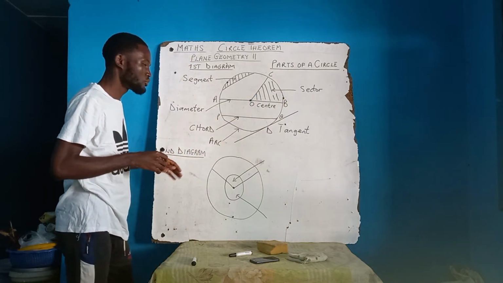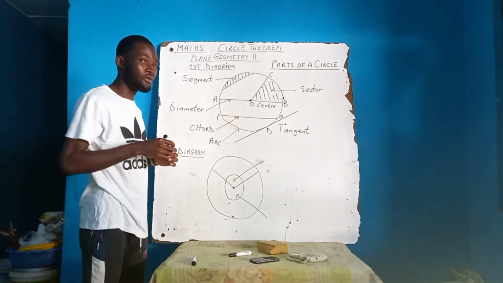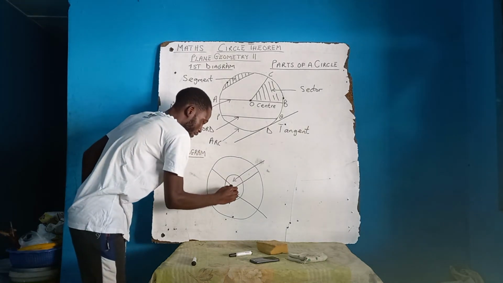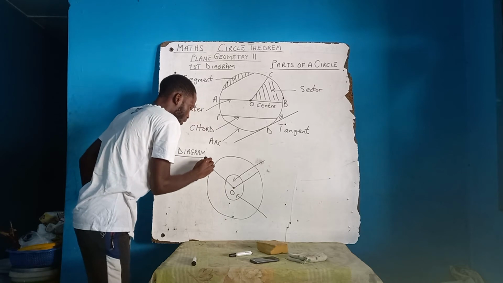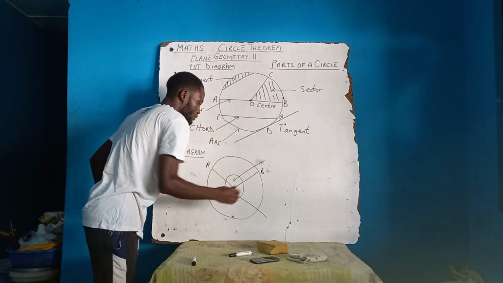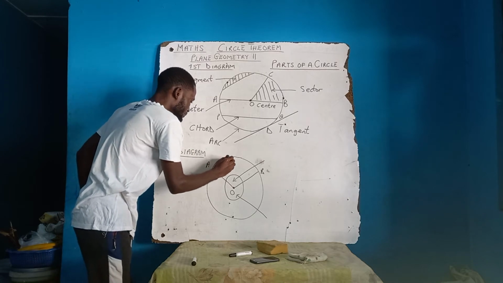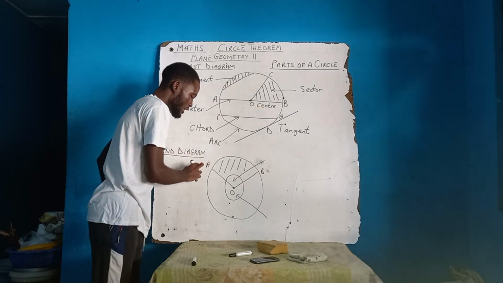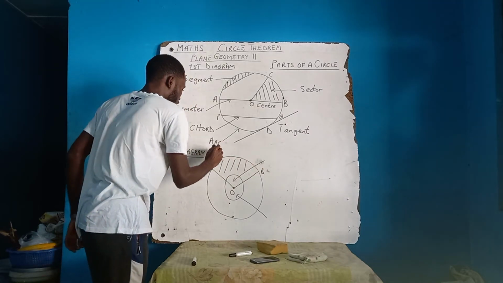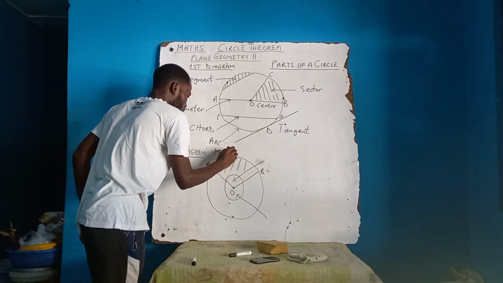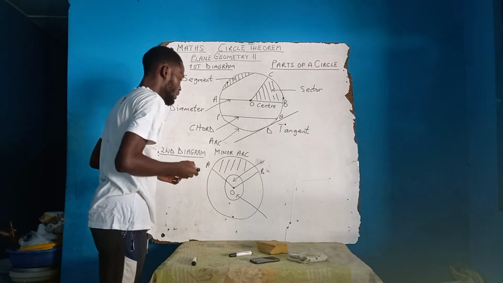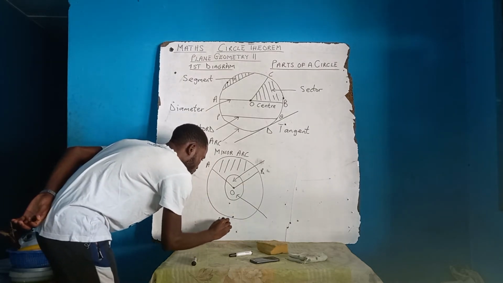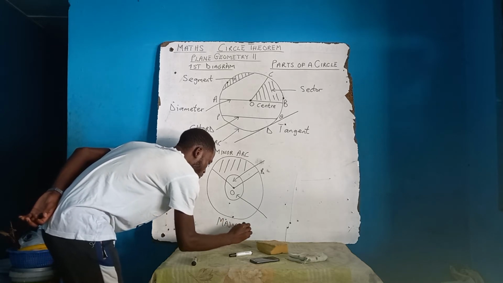Okay, so we move on to the second diagram of parts of a circle. We have this be our circle, that is our center, and then A, B. So we have this part, sector AOB, as our minor arc. And then we have the bottom aspect of it to be our major arc.